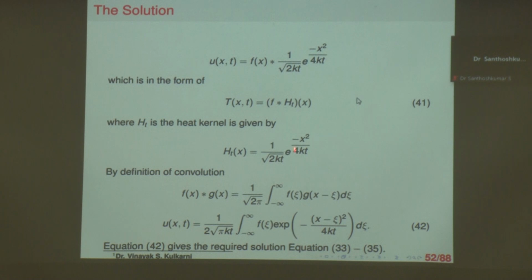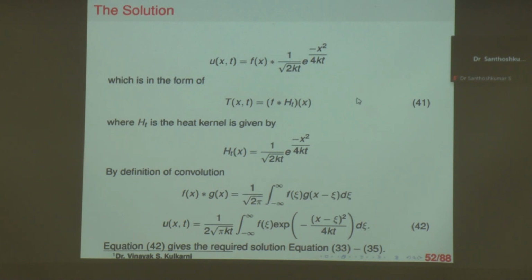Now the heat kernel for this particular problem is given by this particular quantity. This is the heat kernel we have developed, and the solution is written again in the form of f star h_t. As it is a heat kernel, all the properties I have shown you in the last few slides apply. It is a good kernel as t tends to 0. It satisfies all those properties of the solution of the one-dimensional heat equation, satisfies the initial condition, and the mean square value tends to 0.